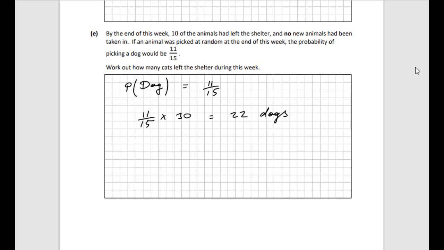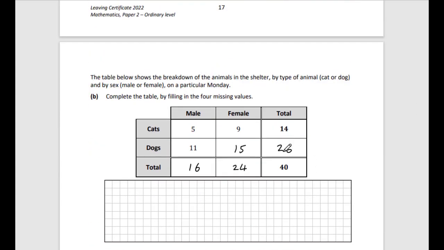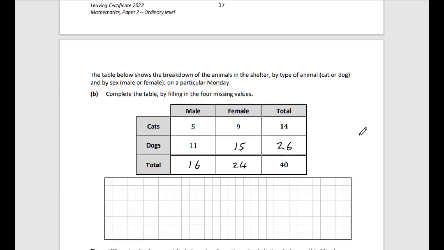Okay, we've got to concentrate on cats then. The 22 that we just got plus the number of cats has to equal 30. Because if we look back at our table again, this has now become 22 and this has now become 30. So this 22 plus whatever number of cats are left in the shelter should give us 30.